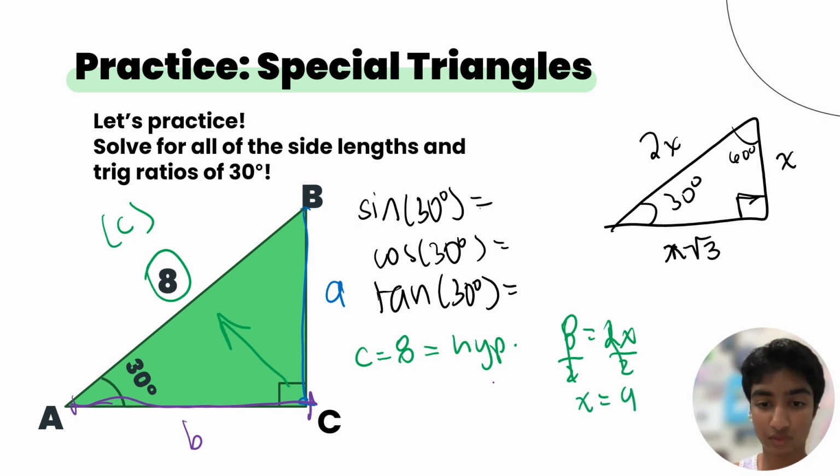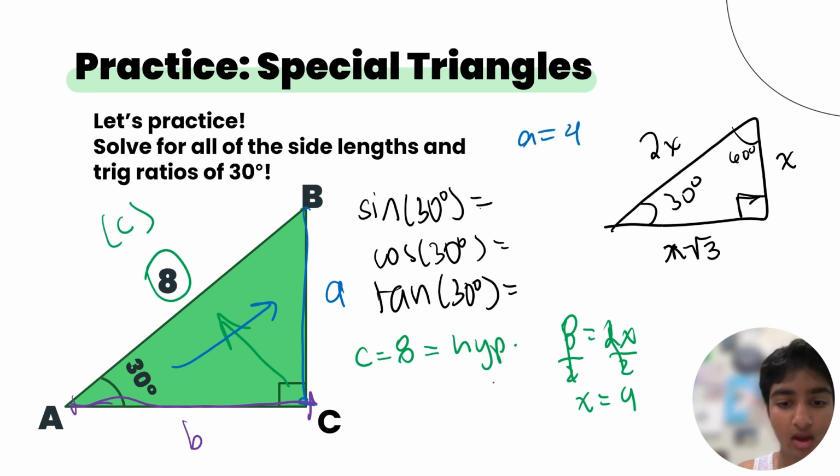Since x equals 4, and x equals the side adjacent to 60 degrees, or you can also call it the side opposite to 30 degrees, A, because it's the side opposite to 30 degrees, A is 4. So let's label A as 4 over here. A equals 4.